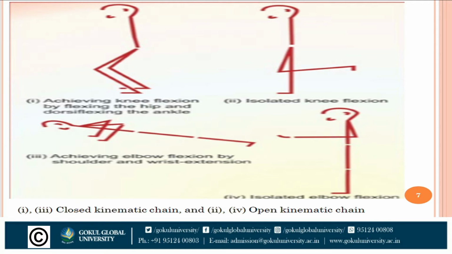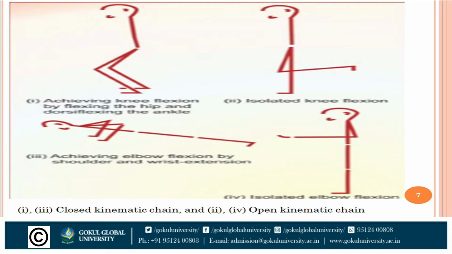Now this is the picture. As per the picture, we can identify some examples of both open and closed kinematic chain exercises. We have two examples: one is elbow flexion and the other one is knee flexion. In picture number 1 and 3, we can see examples of closed chain exercises of elbow flexion and knee flexion.